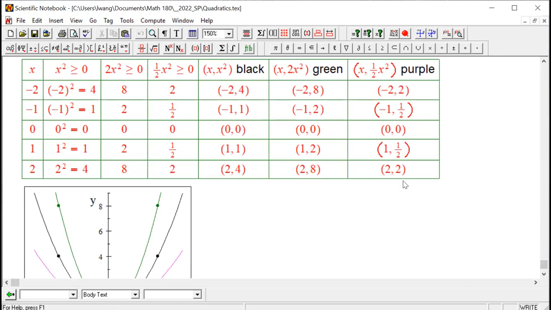So what do we see? When we double the output, right? The graph will be narrower. If we halve the output, the graph will be wider.